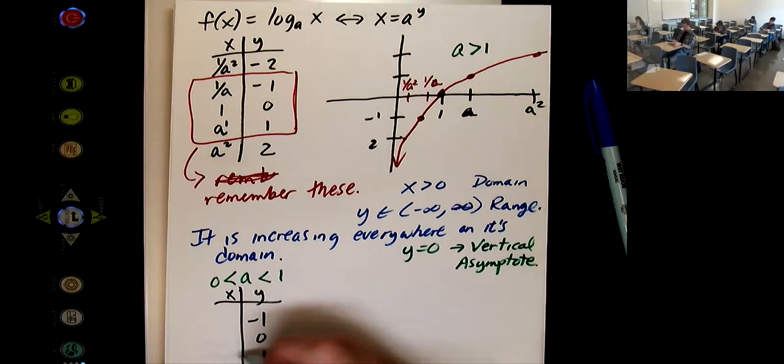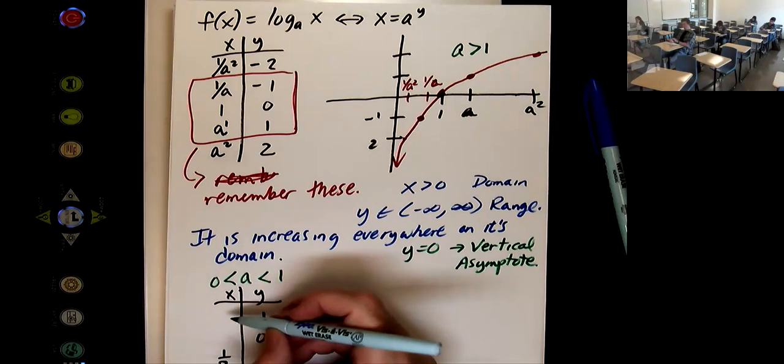When I stick in 1, I've got 1 over a. And when I stick in -1, I've got a.